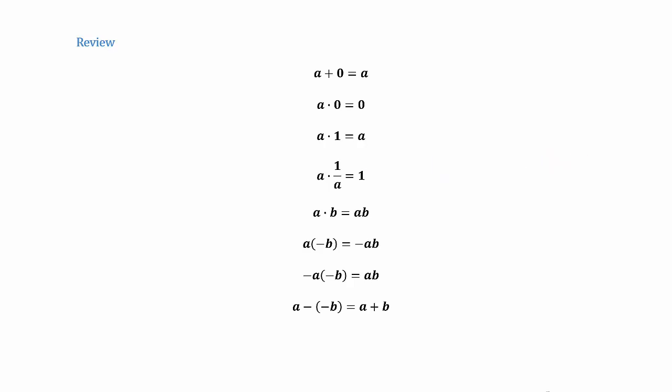And these properties here have to do with the sign of the product or the sum. If you multiply two positives, you get a positive. If you multiply a positive times a negative, you get a negative. If you multiply two negatives, you get a positive. And here, we're distributing this negative through. We're subtracting a negative.